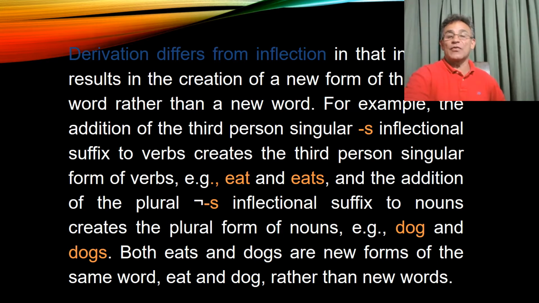For example, the addition of the third person singular s, an inflectional suffix, to verbs creates the third person singular form of verbs, as eat and eats, and the addition of the plural s, an inflectional suffix, to nouns creates the plural form of nouns, in dog and dogs. It's important to see that both eats and dogs are new forms of the same words, eat and dog, rather than new words.